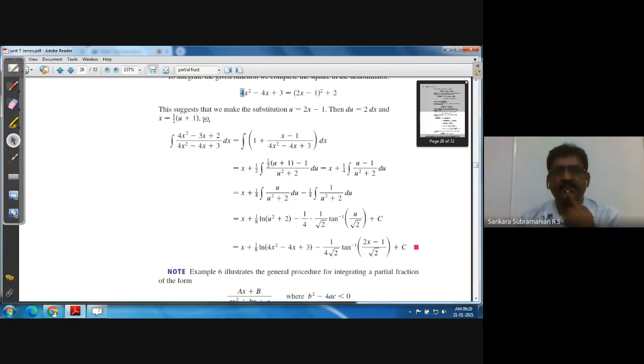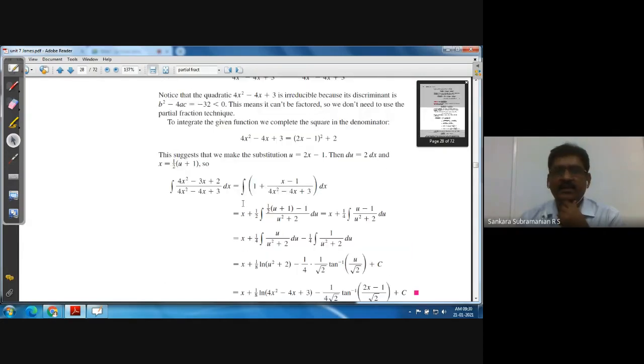This suggested that we make a substitution u equal to 2x minus 1. So you can follow the book for this particular problem, but we don't expect the same kind of problem in the examination.